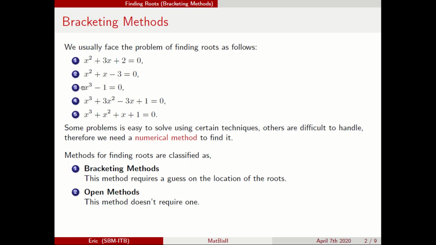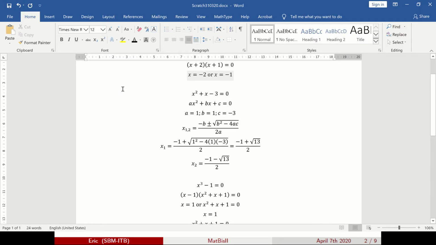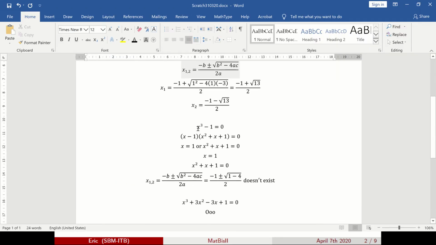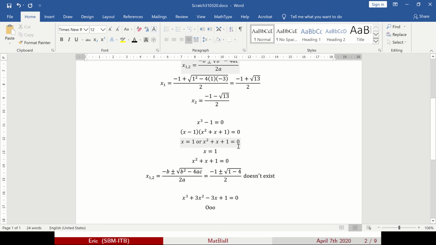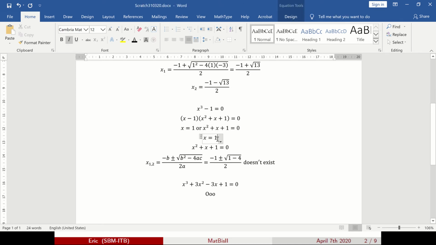What about this equation, x cubed minus 1? I can solve this algebraically; I can factor it out by some luck. So you have x equals 1 or x squared plus x plus 1 equals 0. So 1 is a root of this equation.